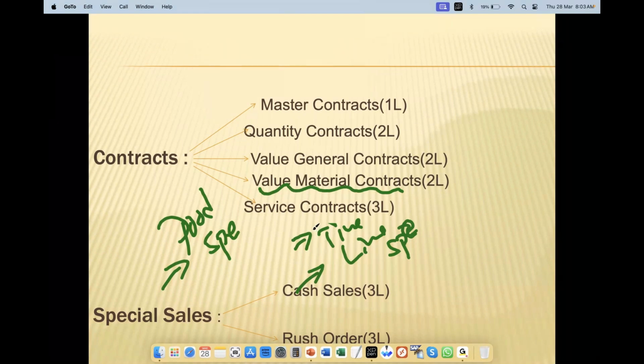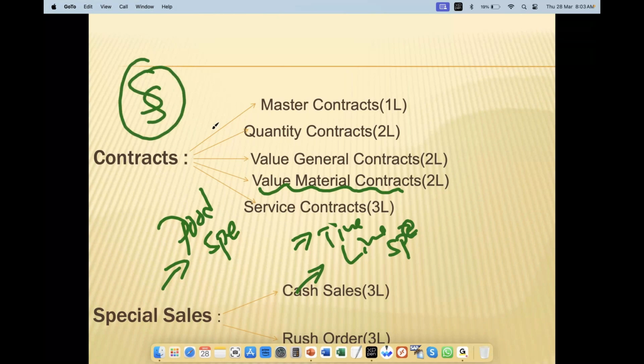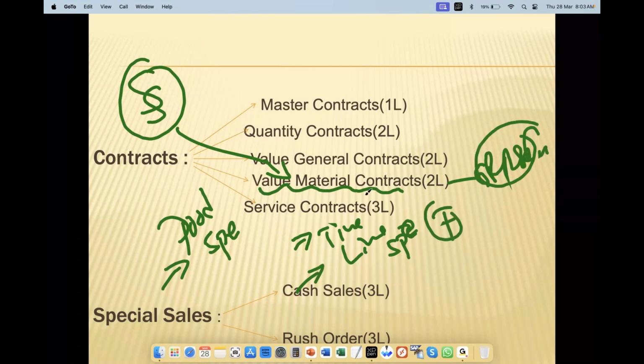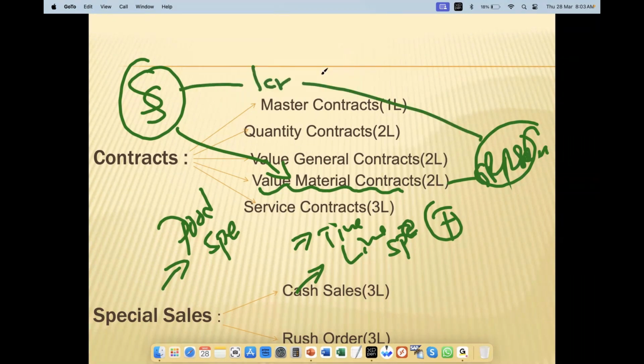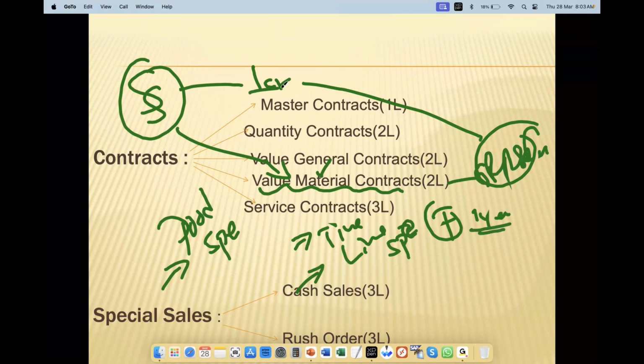So when Shopper Stop is signing a value material contract with Grasim for a particular fashion, because fashion keeps changing, it cannot be lifetime. Even though Grasim wants to give, Shopper Stop will not take. So Shopper Stop gives 1 crore to Grasim for a particular fashion material, and it is valid for a duration, maybe 1 year. Within this 1 year, Shopper Stop should claim this 1 crore worth of that particular product only, not anything else.